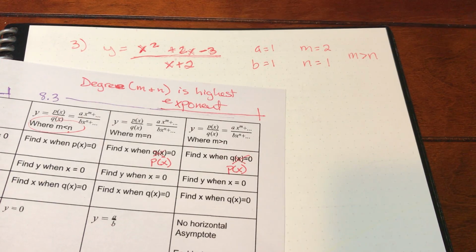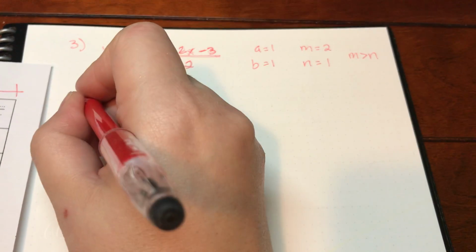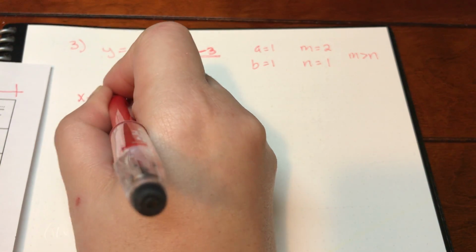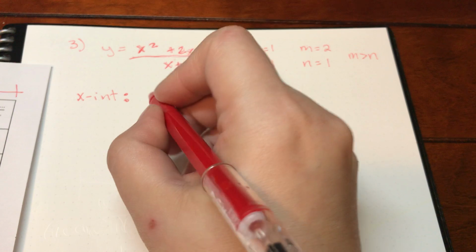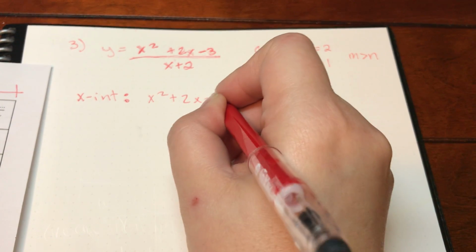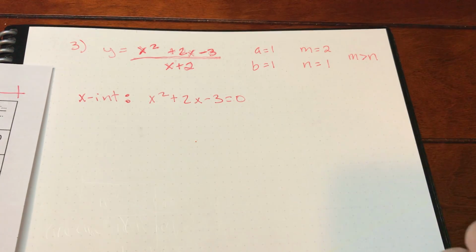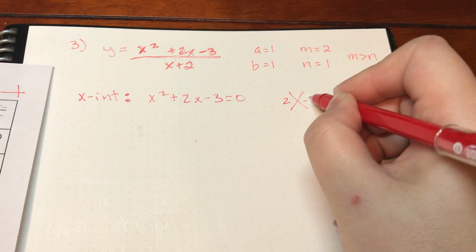So I'm going to go through the steps. Now the first 3 steps are exactly the same. So I have my x-intercepts where the numerator equals 0. So x squared plus 2x minus 3 equals 0. I'm going to do my diamond off to the side here.